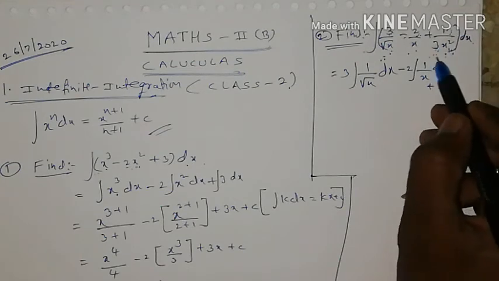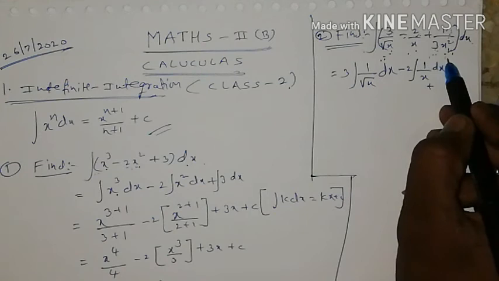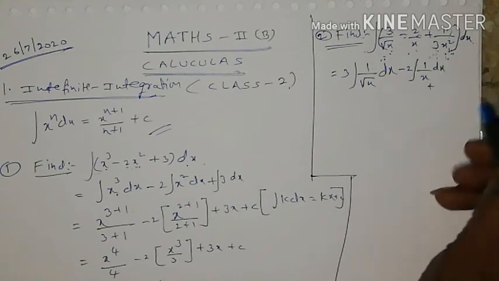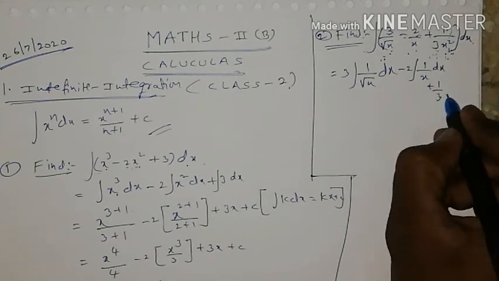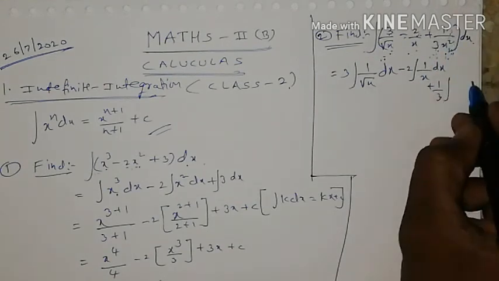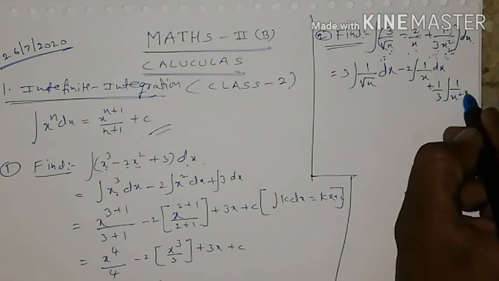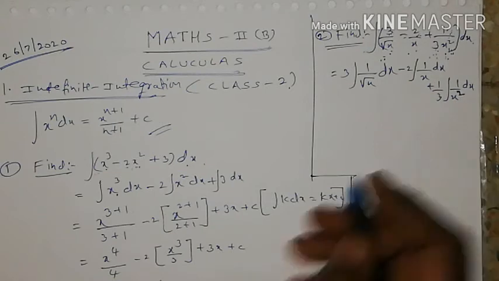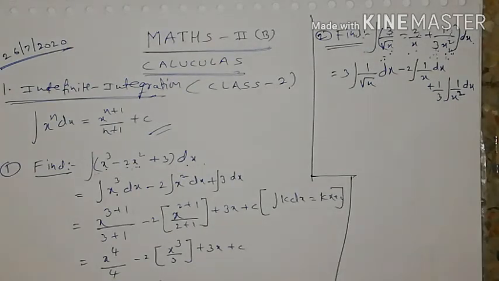So here 1 by 3 is the quotient of 1 by x square. So I am taking 1 by 3 outside. Integration of what is the term here now? 1 by x square into dx. Clear?